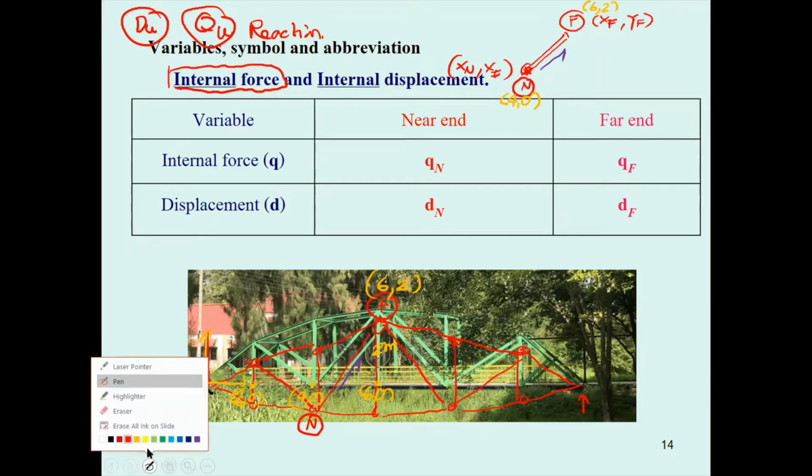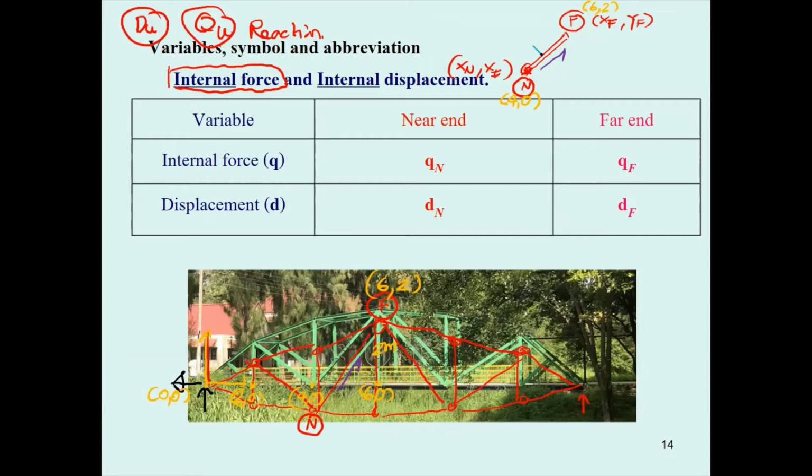If you recall, you may put the number of this member. It may be member number 10. This is the near end, node 1, node 2, node 3, it may be node number 3. And this is 3, 4, 5, 6, 7, 8, 9, and then this may be node number 10.